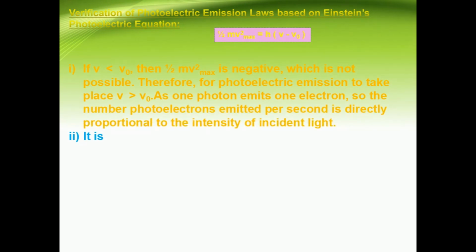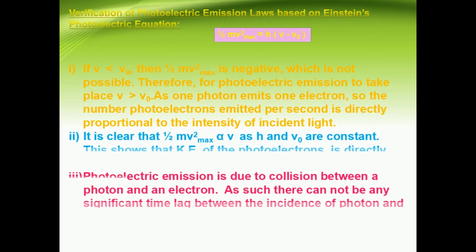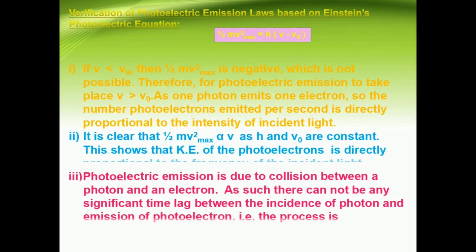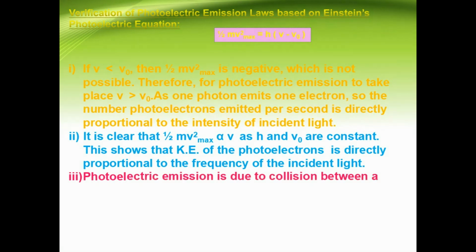It is clear that half m v square max is directly proportional to v, as h and v naught are constant. This shows that the kinetic energy of photoelectrons is directly proportional to the frequency of incident light.